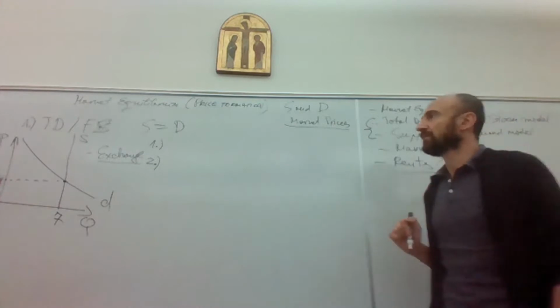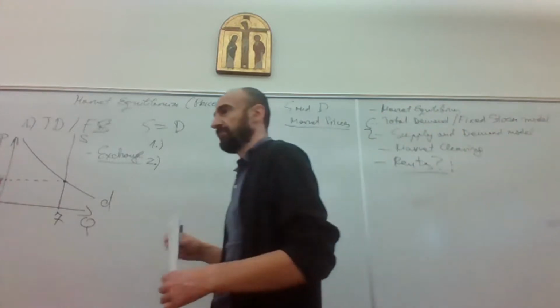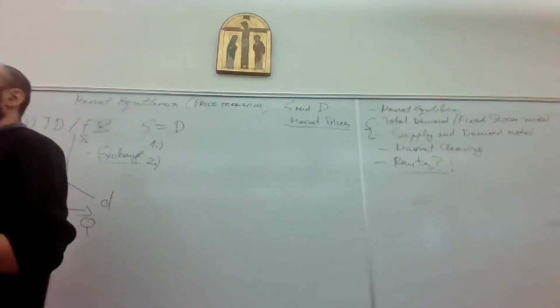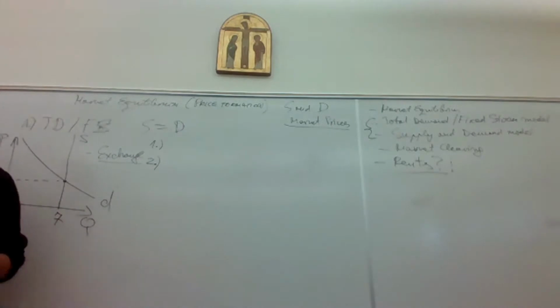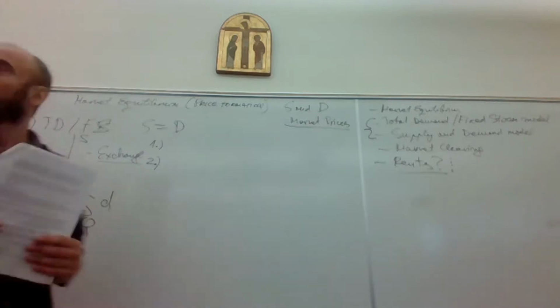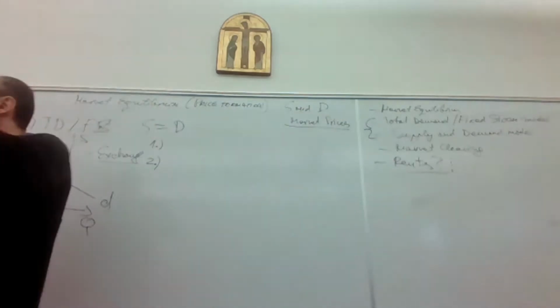The main characteristic of this model, the main fact that this model demonstrates, is that the initial distribution of goods is irrelevant for the equilibrium distribution of goods. So what does that mean? You can imagine we are all here with different preferences for chocolate cakes.